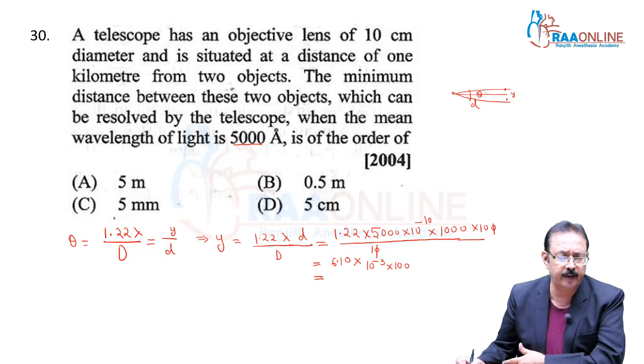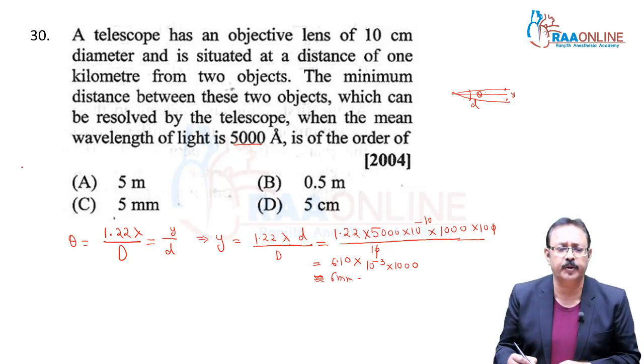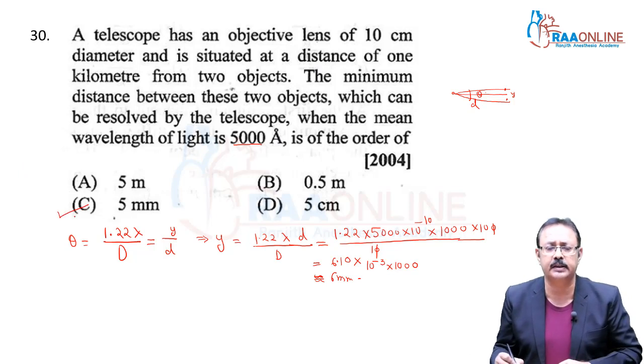Multiplying by 10, nearly 6 millimeter. So the nearest option is C. So we will go with C.